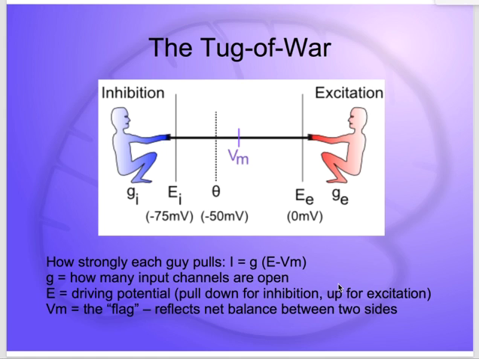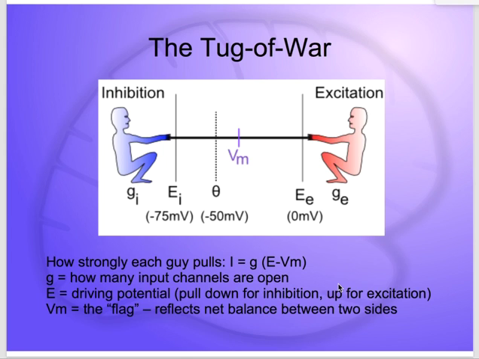The V sub m in the middle of the diagram represents the membrane potential, and if the excitatory guy can pull harder, the membrane potential moves closer towards him, which is a higher charge. Or if the inhibitory guy can pull harder, the membrane potential will move towards him.